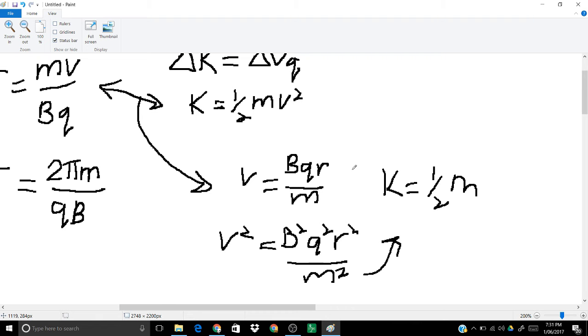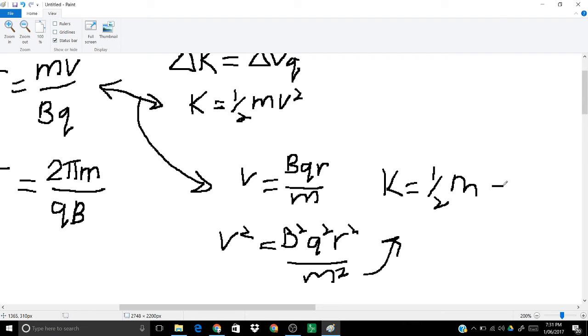It's quite interesting that mass features in this equation as an inversely proportional variable. We'll see that in a minute. Okay, then substitute in what we just had there.